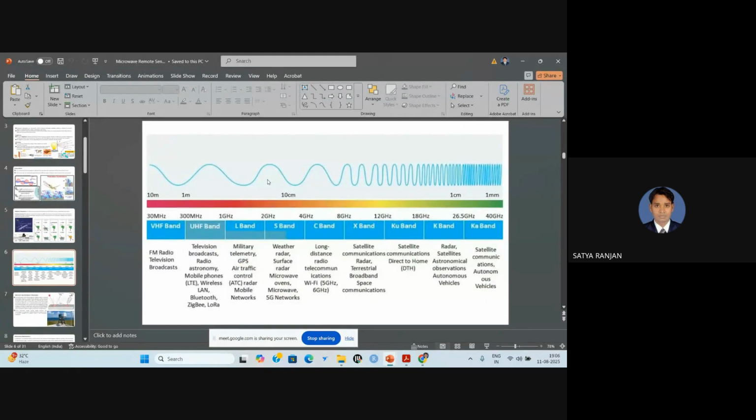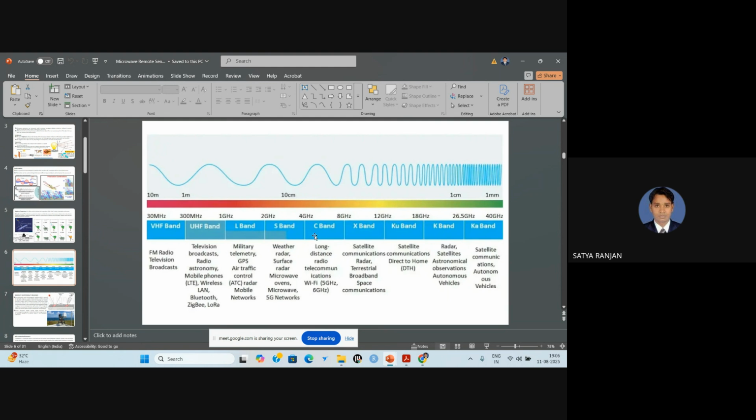Then these are the different bands of microwave remote sensing. VHF bands are generally used for FM radio and television. UHF bands are basically used for television broadcast and astronomy. L band is basically used for military telemetry, GPS, and air traffic control. S band is for weather radar and surface radar.